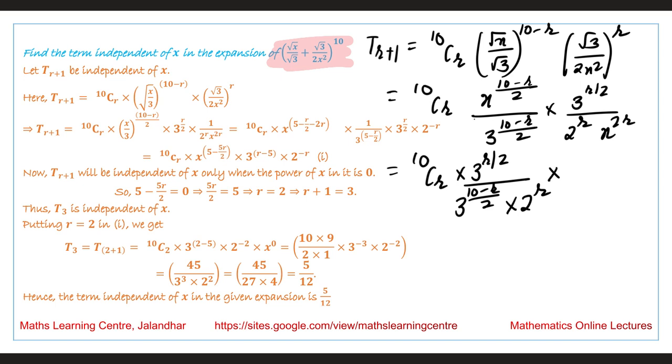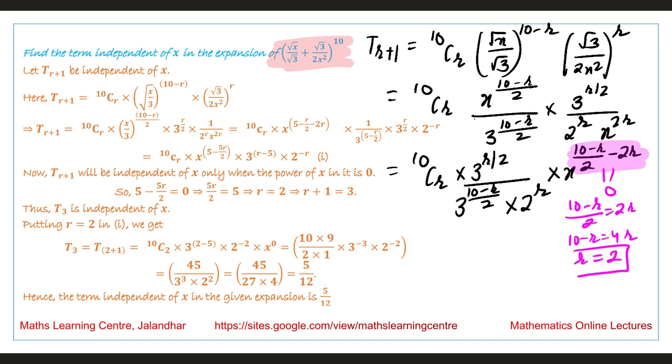Now the term we are left with is x raised to the power 10 minus r by 2 minus 2r, and the value of this power should be equal to 0 for the term to be independent of x. So we get 10 minus r by 2 is equal to 2r. So 10 minus r is equal to 4r. So the value of r we obtain is equal to 2.